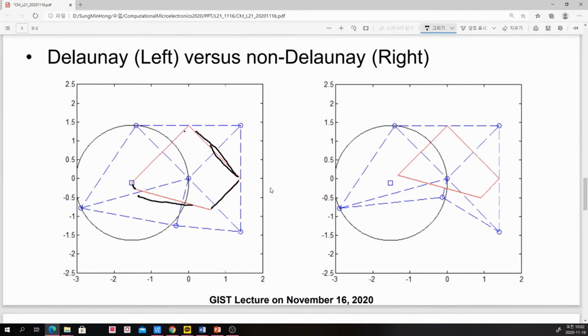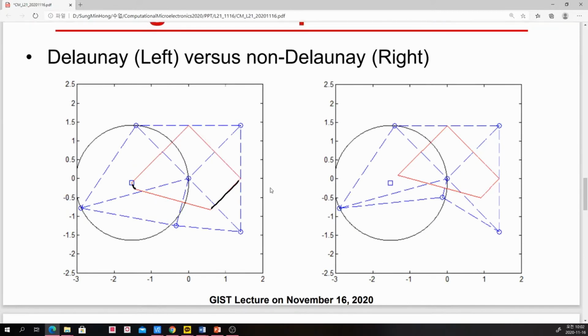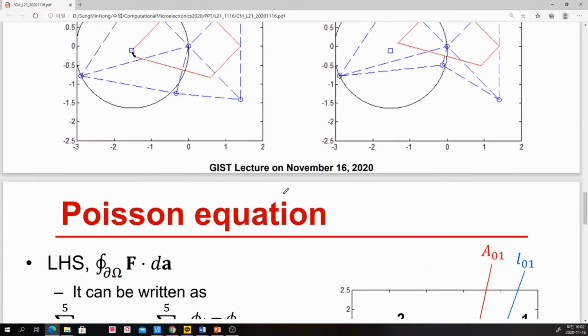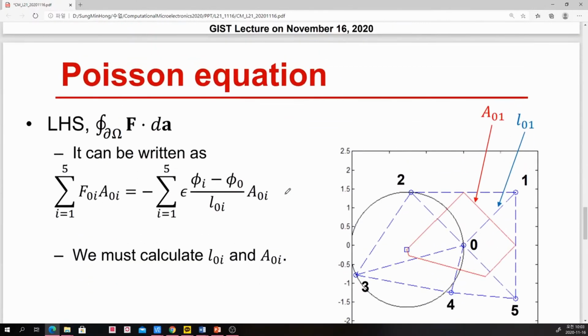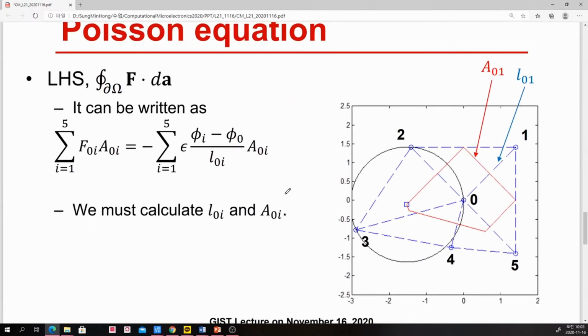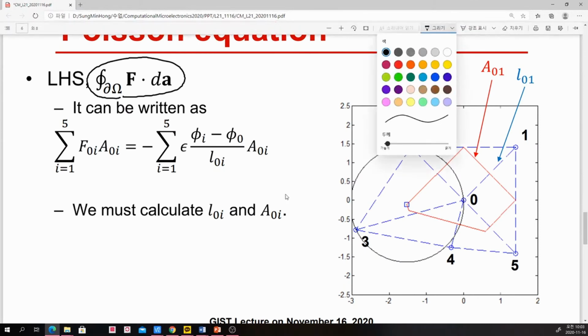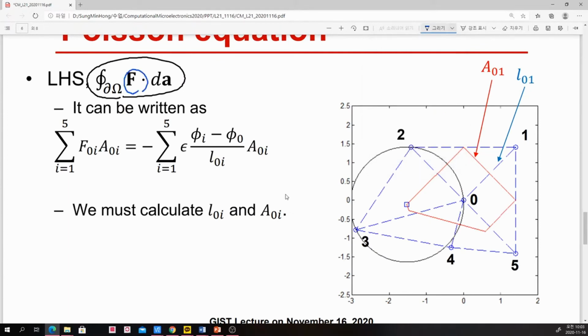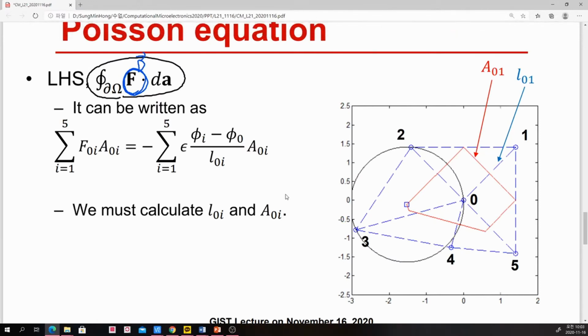I see that this is too ambiguous, so I have prepared a concrete example. Think about the Poisson equation. Here we have the left-hand side term: the surface integration of a vector field, in this case the D field, over the surface area of our Voronoi volume.